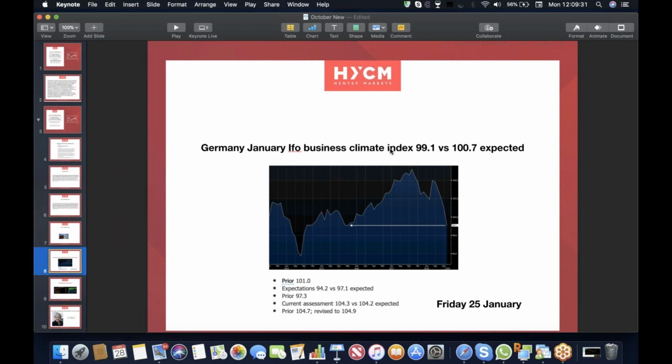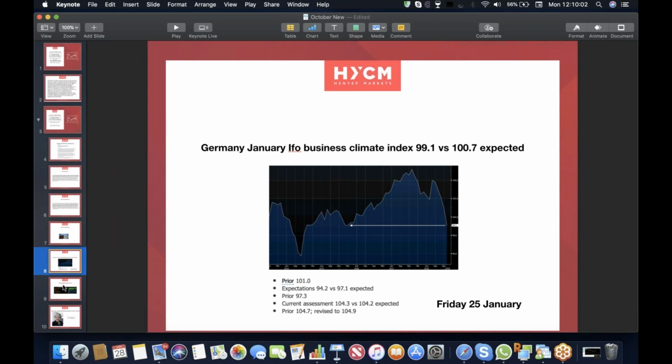So on Friday, they had a business climate index which had dropped below 100, 99.1. And you can see that large drop from a year ago, December 2017, where it peaked. It's now on a firm downtrend, breaking through those lows of March 2016. So that's after Draghi was acknowledging the slowdown in Eurozone growth. So that is going to be continuing to weigh on the euro.